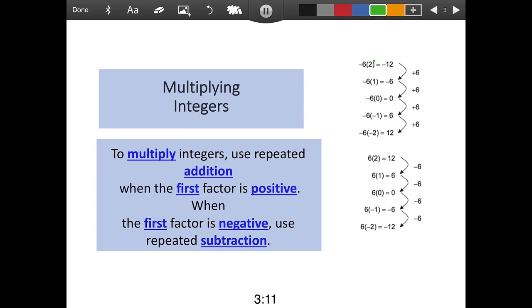Then because I'm adding a factor of 6 each time, when I get to right here, and I have negative 6 times negative 1, I'm now ending up with a positive 6 because I added a factor of 6 to negative 6 times 0. So kind of neat to think about as you're exploring those rules.